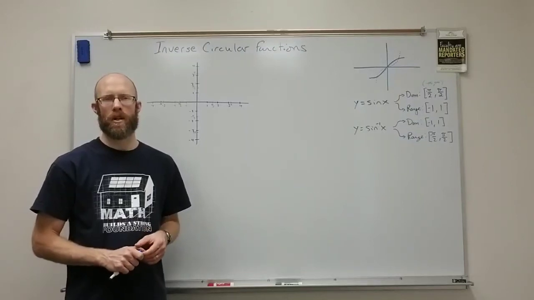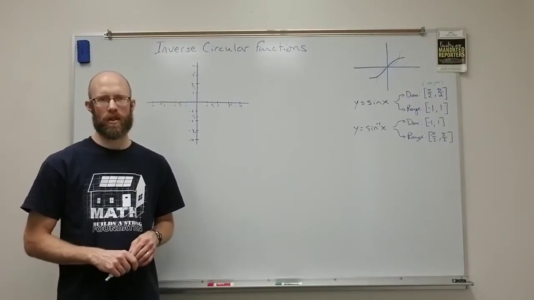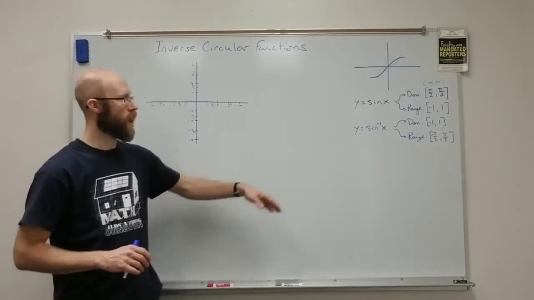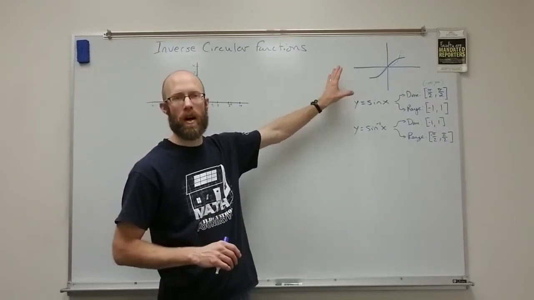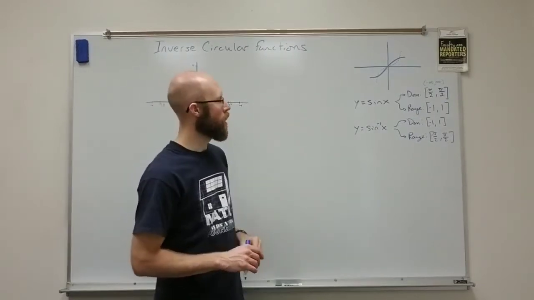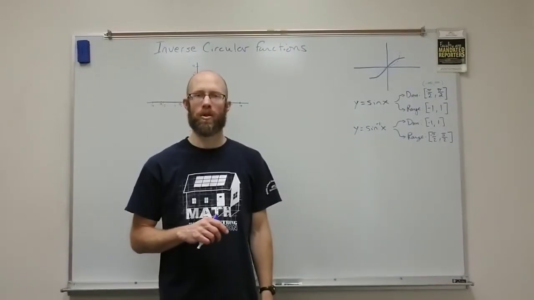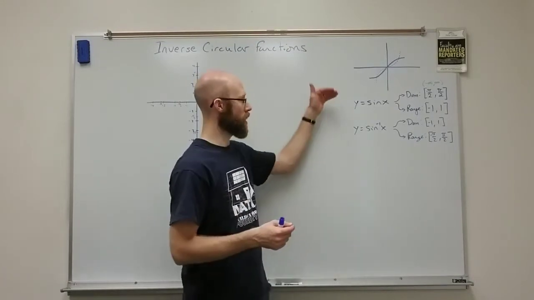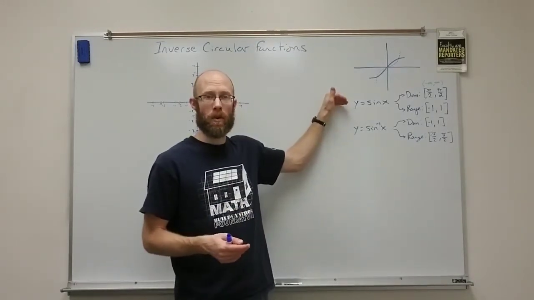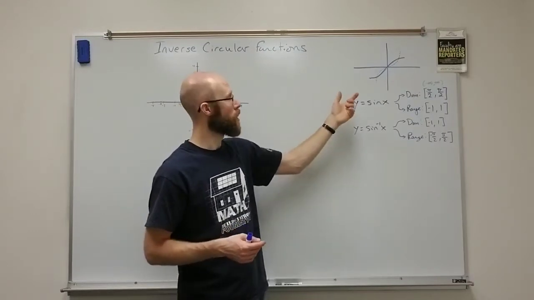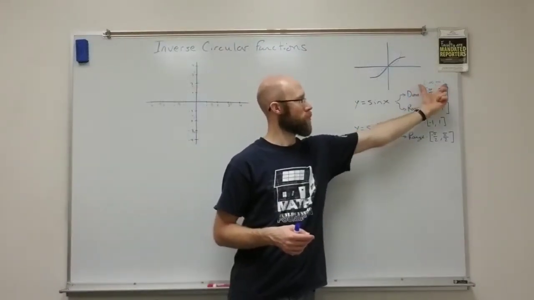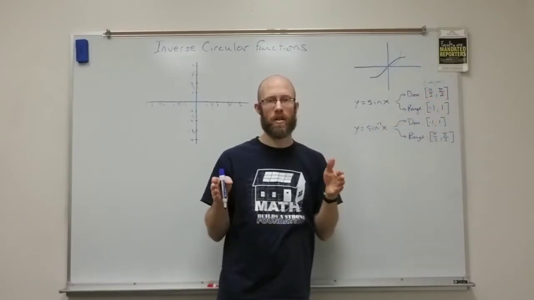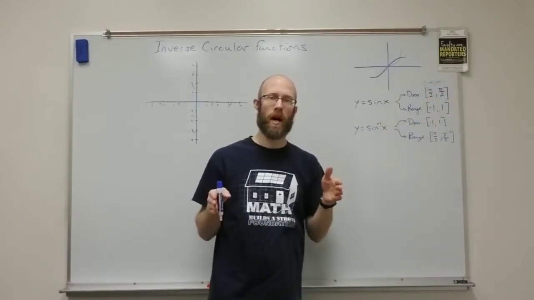We're going to continue a discussion on the inverse circular functions. Just a quick refresher. We talked about the sine and the inverse sine in a previous video. We talked about the idea that in order to have an inverse, your function must be 1-to-1. Now the sine in and of itself is not 1-to-1, but we were able to restrict the domain from all real numbers down to just the interval from negative pi over 2 to pi over 2.